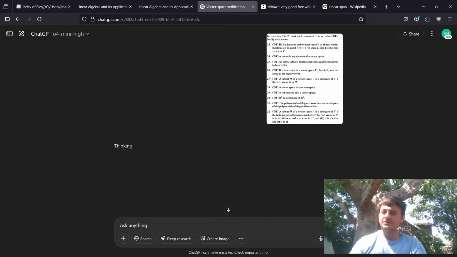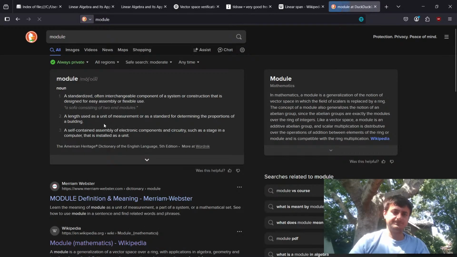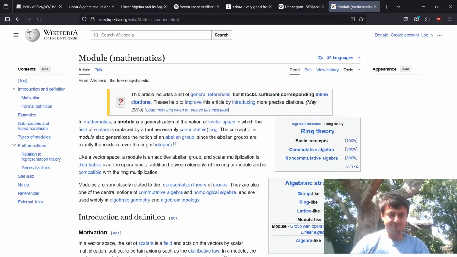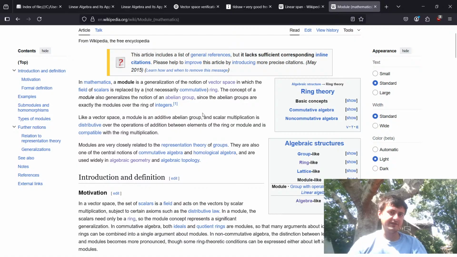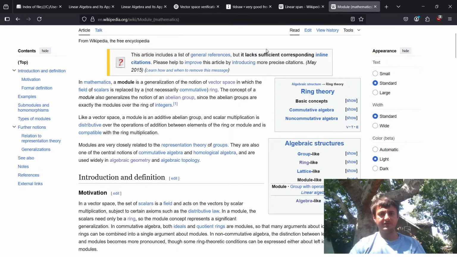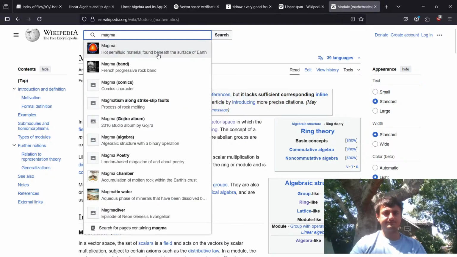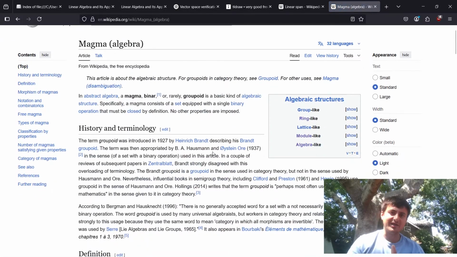Vector spaces are so sick, man. And you know what's so cool? Modules. It's getting rid of the part that requires the scalars are fields, and you just need a ring. You know what's even cooler, man? Freaking magma. Bam.